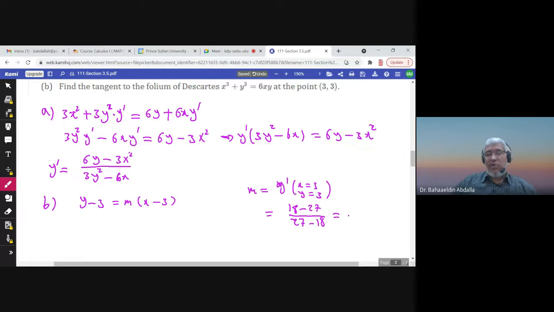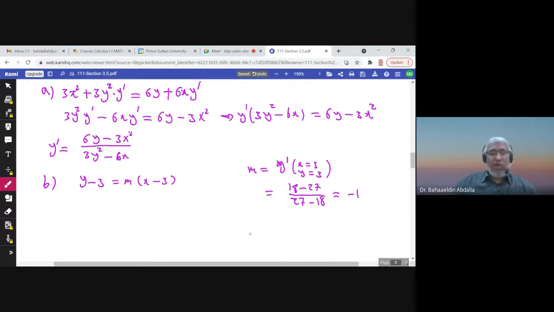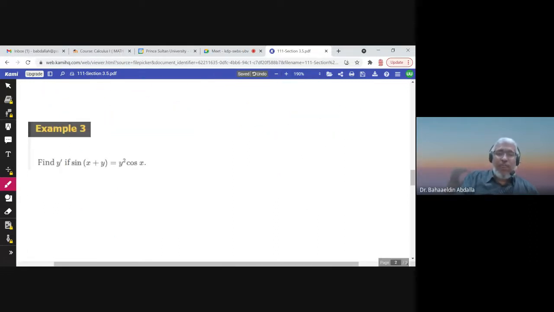So actually this will give you minus 1. 18 minus 27 over 27 minus 18 will give you minus 1. So the equation is y minus 3 equals negative x minus 3, or if you solve it for y, negative x plus 3, and plus 3, it would be plus 6. So this is the equation of the tangent line.